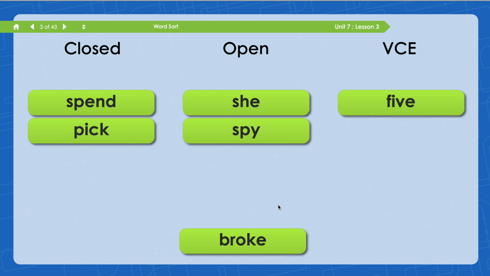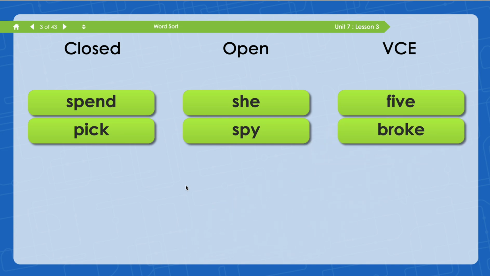I hear that O say its name pretty well. It's making a long O sound. Now, if this was closed, that should make a short O sound, right? But it's making a long O sound. It's also following my new pattern, right? Vowel, consonant, letter E. Broke. So that is going to go in my VCE pattern.